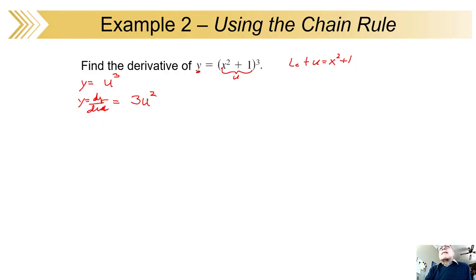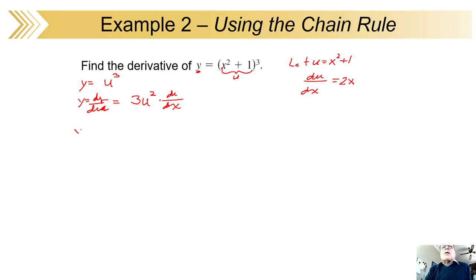Now this isn't x, so what I need to do by the chain rule is take du/dx. Well, what's du/dx? Well, u is x squared plus 1. So what's du/dx? Well, that's simple to do too. X squared, the derivative of that is 2x. The derivative of 1 is 0. There's du/dx.